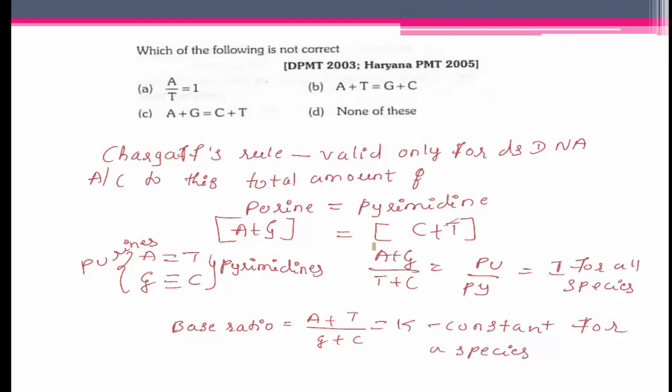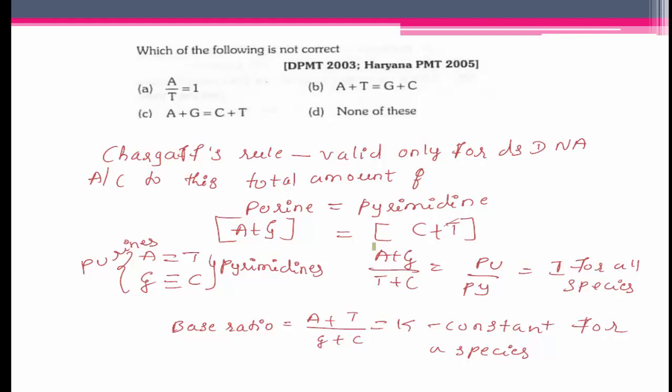Which of the following is not correct? Here the question is given with respect to Chargaff's rule. A by T is equal to 1, that is the purine and pyrimidine ratio.